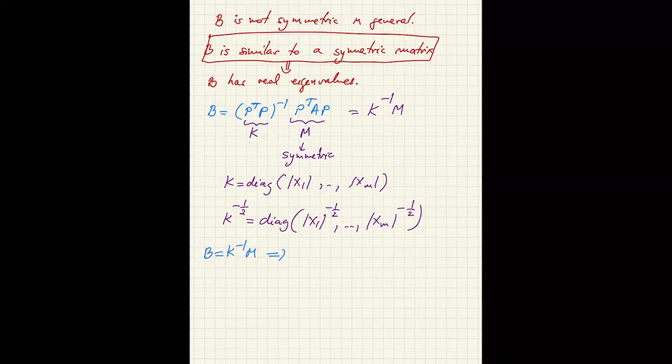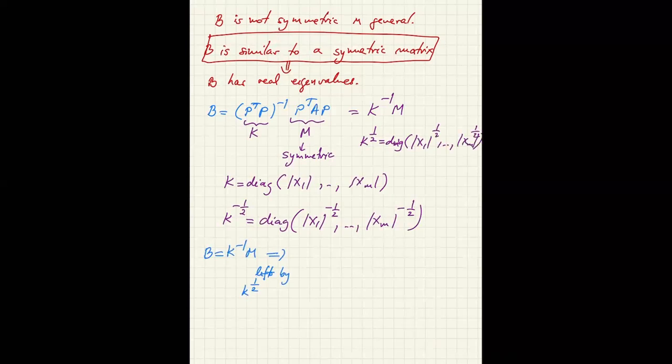I multiply to the left by K to the 1/2. You can define K to the 1/2 similarly: it is diagonal with x1 to the 1/2, up to xm to the 1/2.